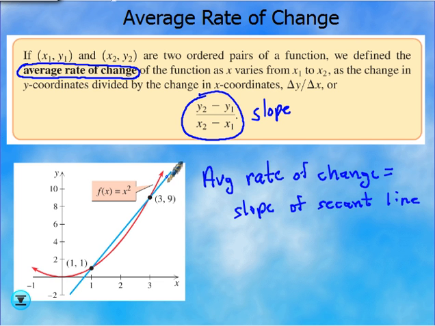Notice here our blue line is a secant line, and let me explain what average rate of change is, guys. From here to here, my y values change how much? From first dot to second dot, my y values change from 1 to 9, so how much do my y values change? A total of 8.